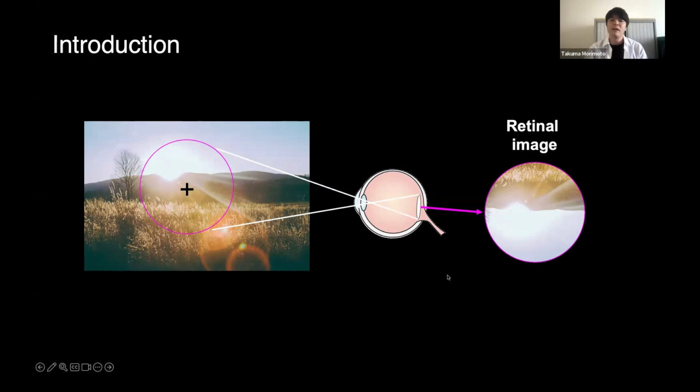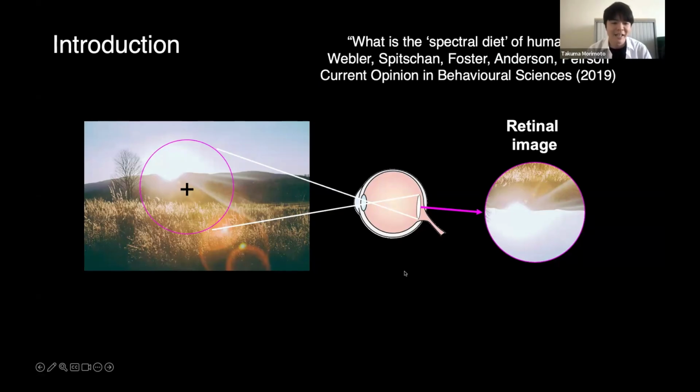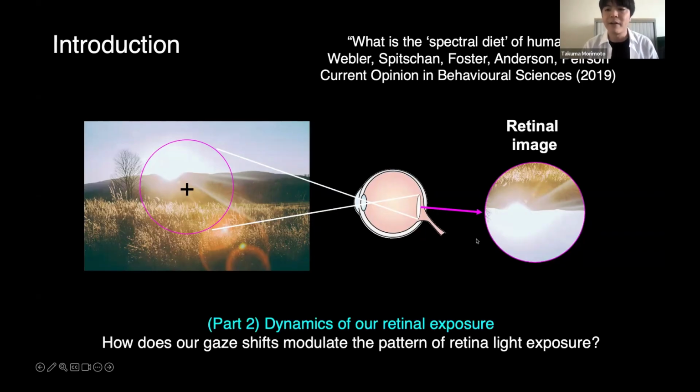Of course, this idea is directly inspired by Manuel's conceptualization of spectral diets. What kind of information do we get in daily life as we live, as we act, not just seeing? I especially want to think about this spectral diet today from the interaction between spectral diet and our sampling behavior, eye movement.